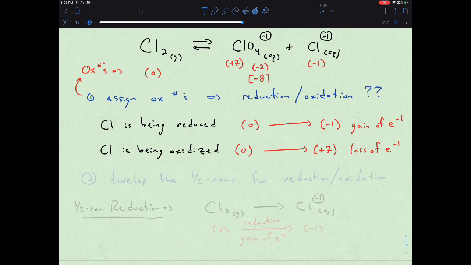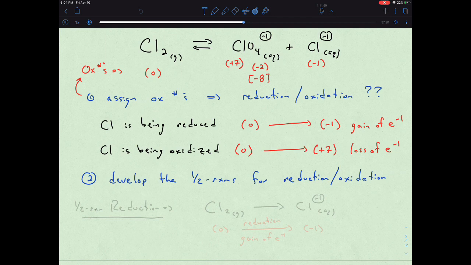So this helps us to now move to the second step, which is to develop the half reactions for both processes, for the reduction and the oxidation.